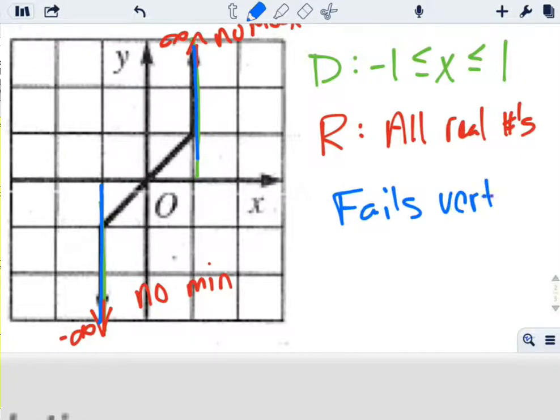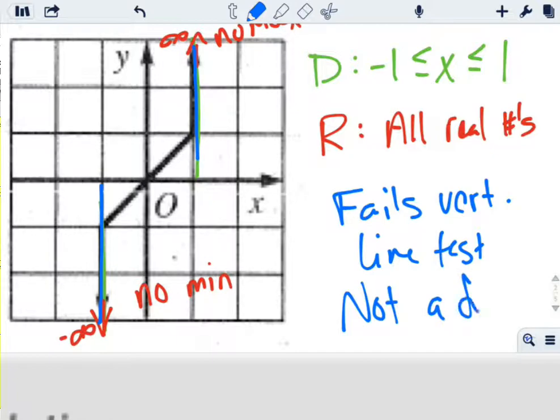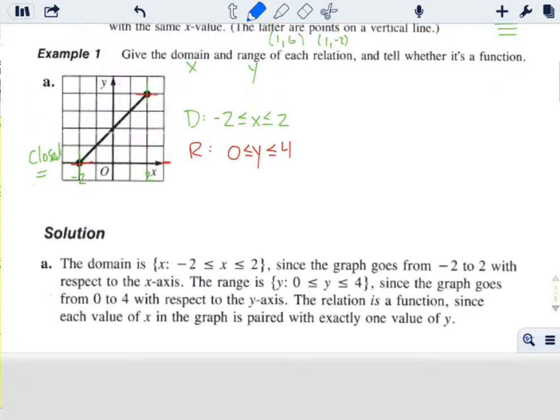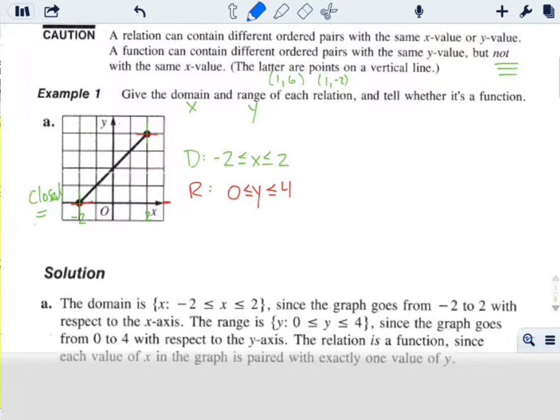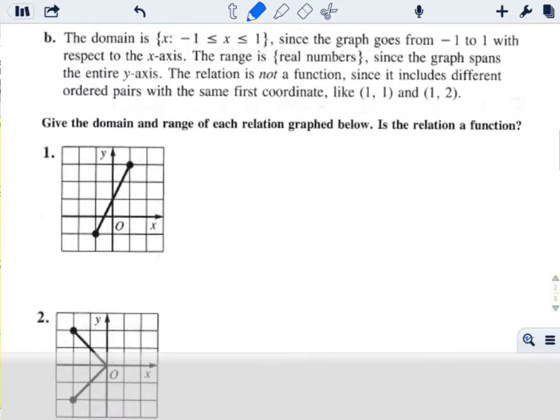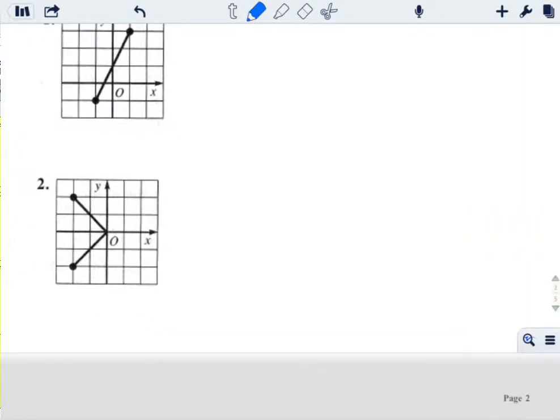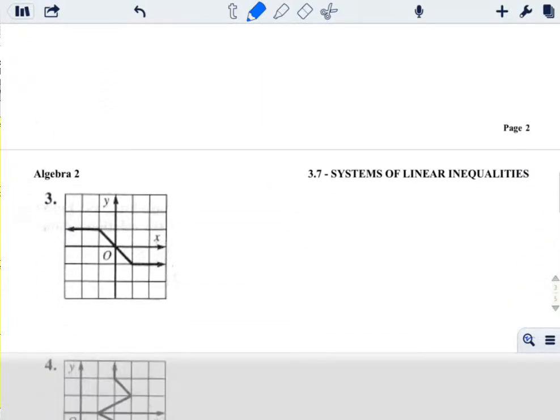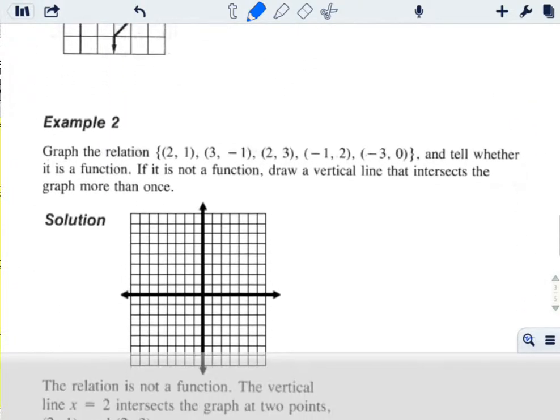So if it fails the vertical line test, that means it is not a function. Whereas this one passed the vertical line test, 1A, 1B does not. We'll look at those tomorrow. I'll refresh you about those at the beginning.